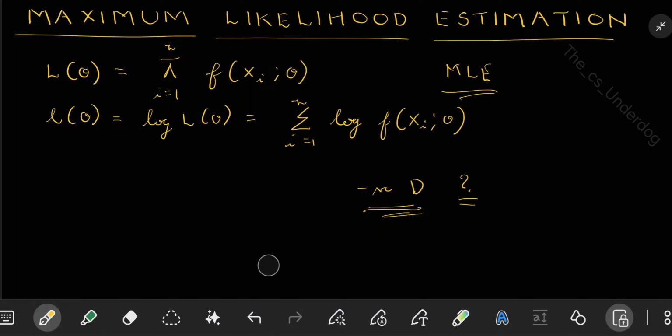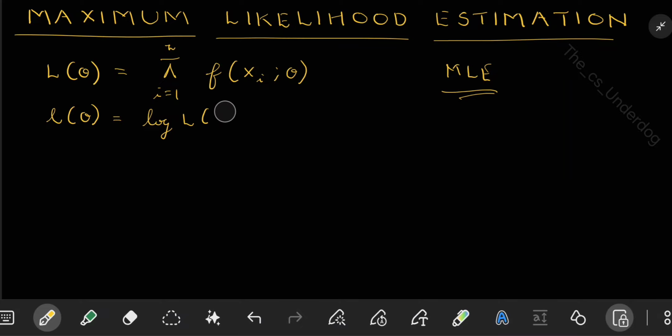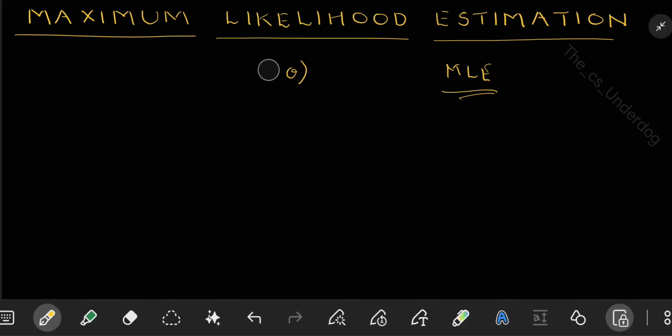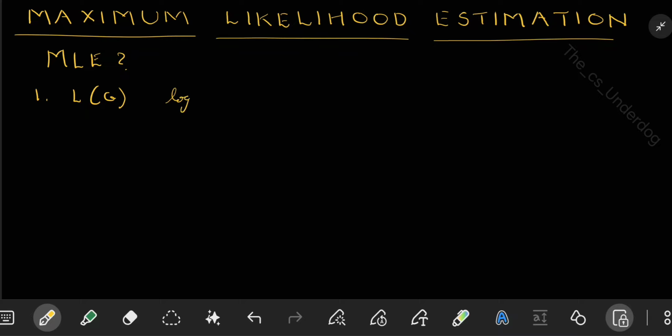We'll just write down the steps one by one so that later if you want to solve, you'll be very clear. What is step number 1? How to find the MLE. For this, step number 1 is you have to write down the likelihood L(theta), or ideally you should write down the log likelihood. This is more numerically stable. So even though you actually want the likelihood, you are going to use the log likelihood.